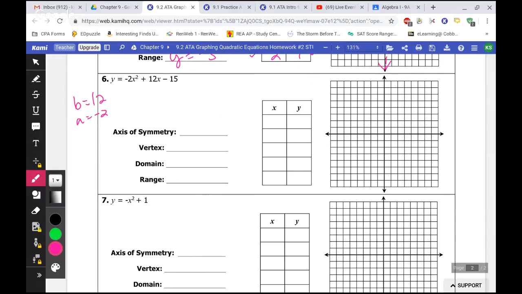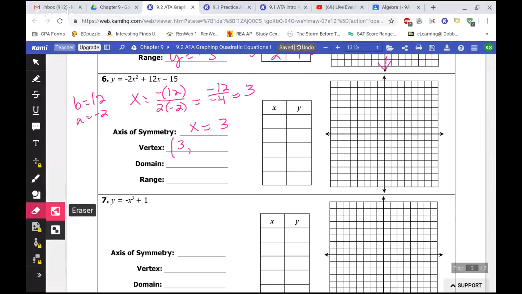Thank you, Kennedy. So we've got the opposite of B over 2 times -2, because that's the A value, which equals -12 over -4, which equals 3. So X equals 3. That is also the X coordinate of our vertex.